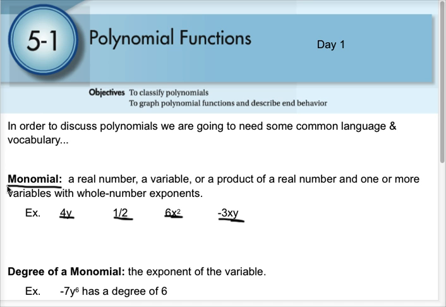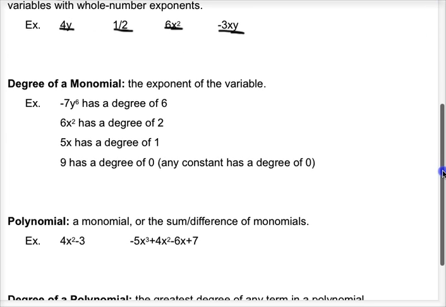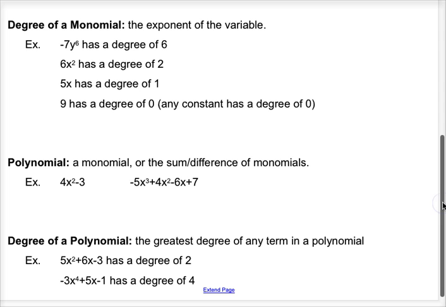Now, the term degree. So degree of a monomial. What that's talking about is the exponent on the variable. So, for example, this term here has a degree of 6 because that is the exponent on the variable. This has a degree of 2 because it has an exponent of 2.